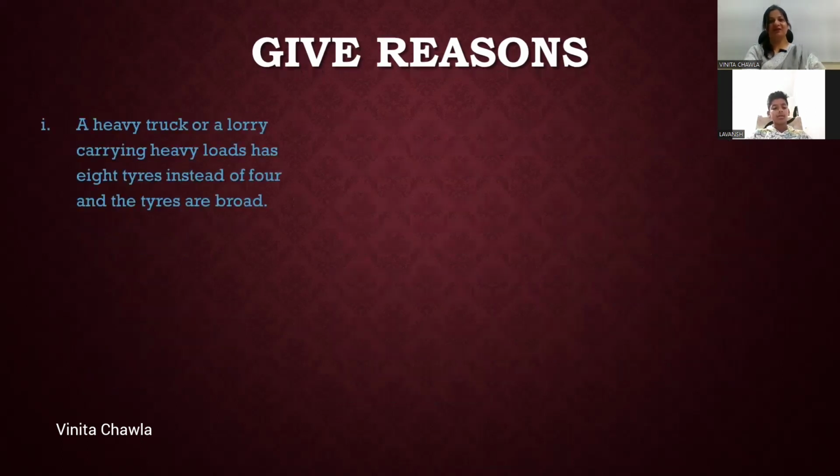Next question. A heavy truck or a lorry carrying heavy loads has 8 tires instead of 4 and the tires are broad. Why? So that they can bear pressure from the heavy loads.